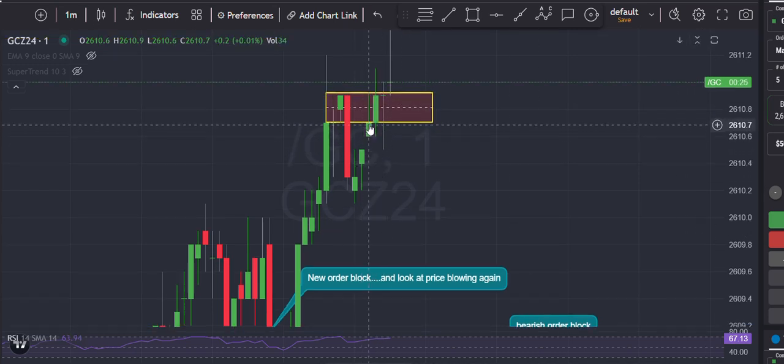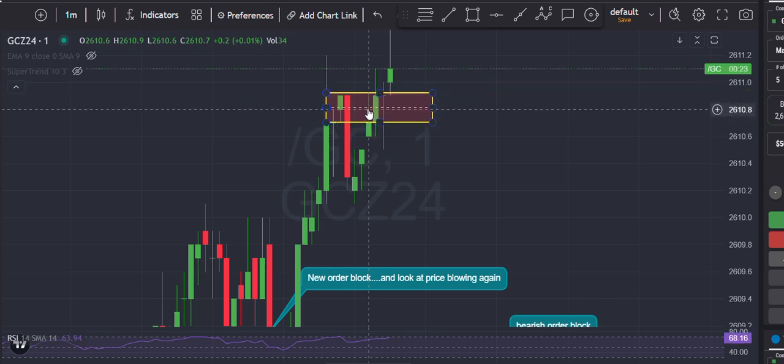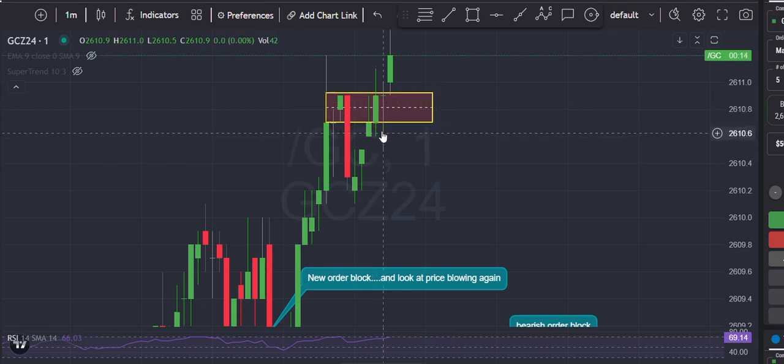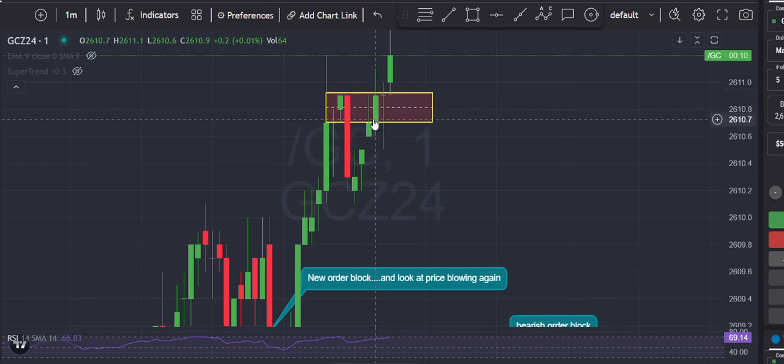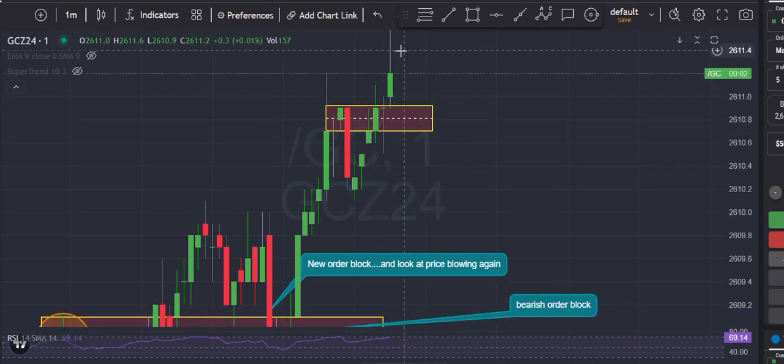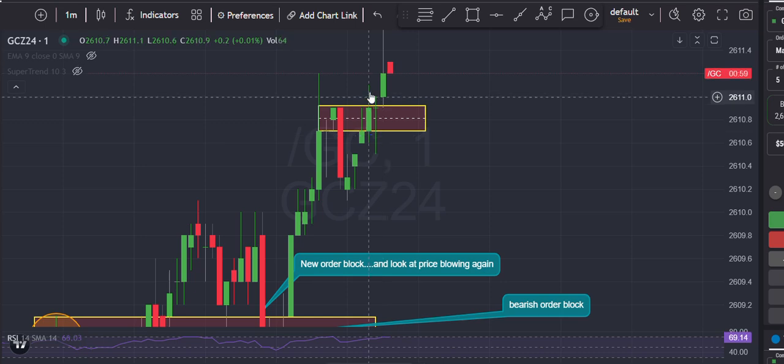If price wicks, you want to make sure that price doesn't close above, which this candle shows that it did. We still got a little rejection manipulation here, but between this wick and this candle right here, and this is why it's so important to read candles, you could have seen that we were going to have a bullish move.